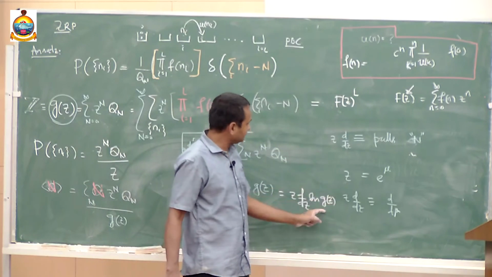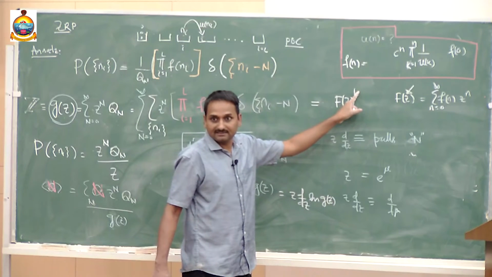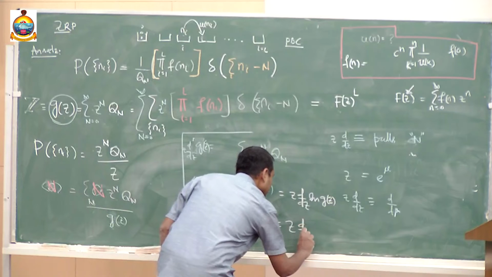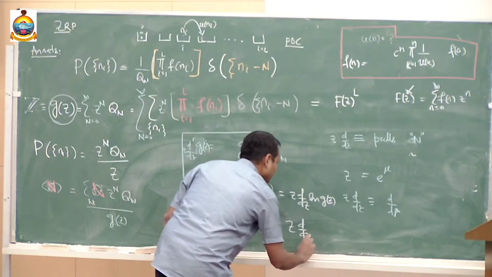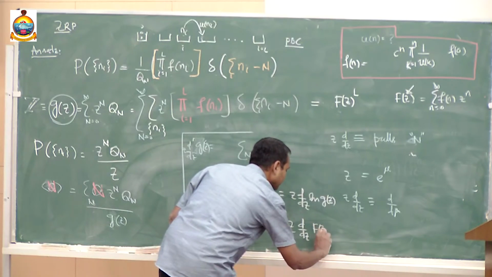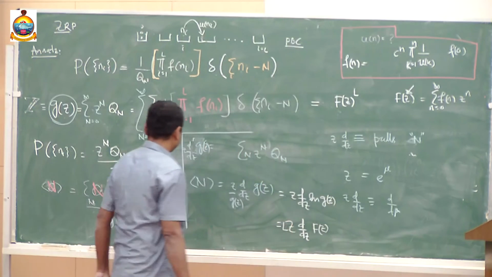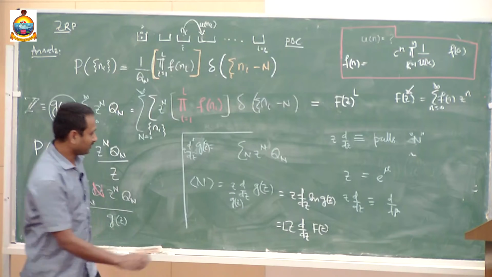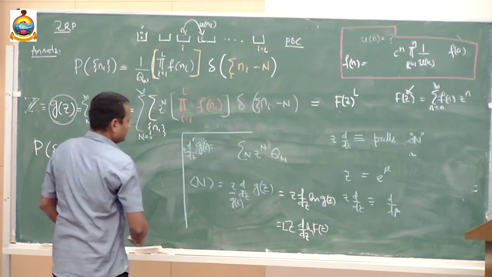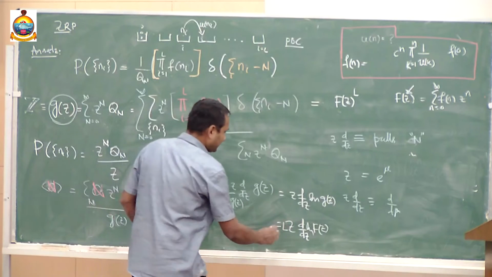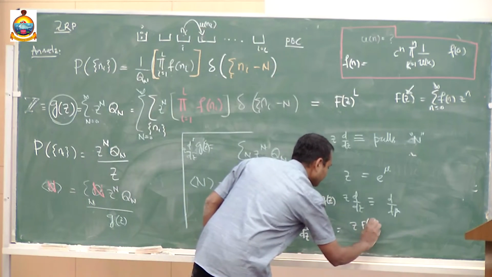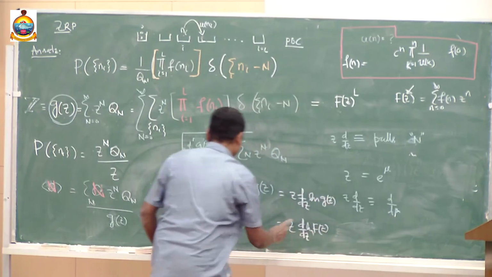So this is the same as z d by dz of l log f(z). So n average by l is density. You can write like that, or you can also write z f prime z. Okay, so this is the equation.